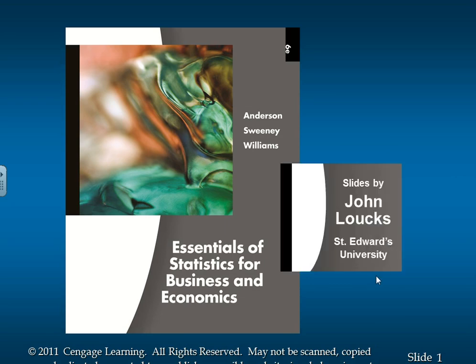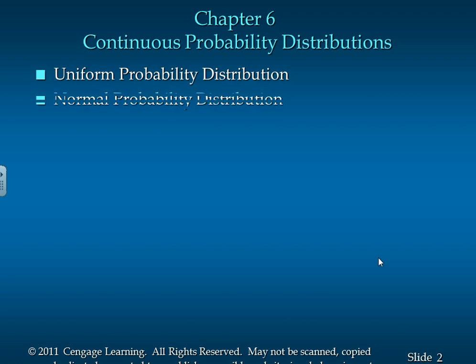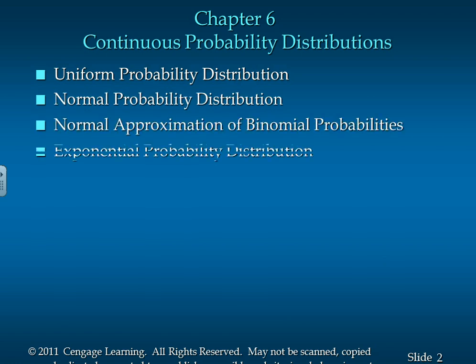Okay, maybe we're in chapter 6, continuous probability distributions. Okay, so the last time we were discrete probability distributions. So that meant that I could have a deck of cards with 52 in it, but I couldn't have a half ace, right?